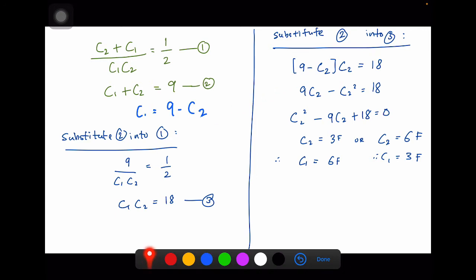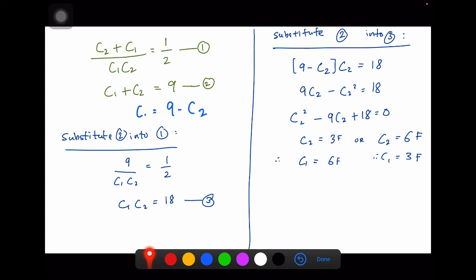I got 9 minus C2, and then I just open up the bracket. Over here I got a quadratic. You can solve using a calculator yourself, and make sure you know how to solve quadratics, or else you can factorize like you normally do. That one is C minus 6 and C minus 3.